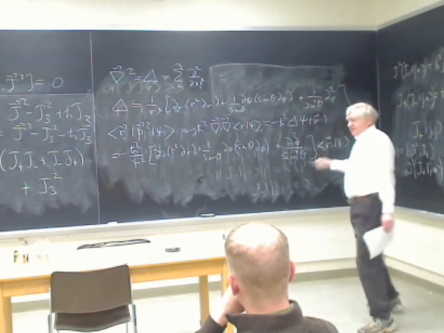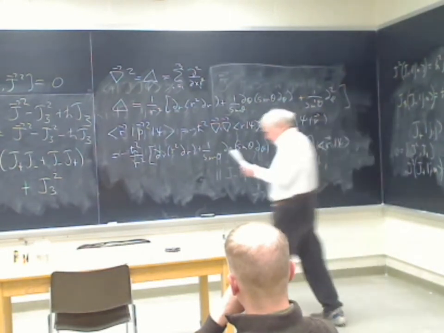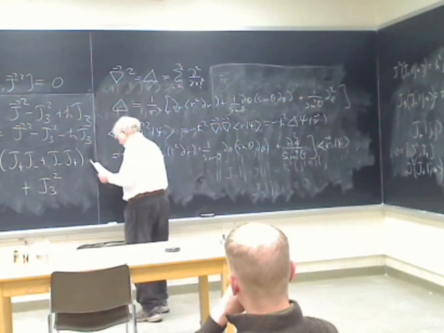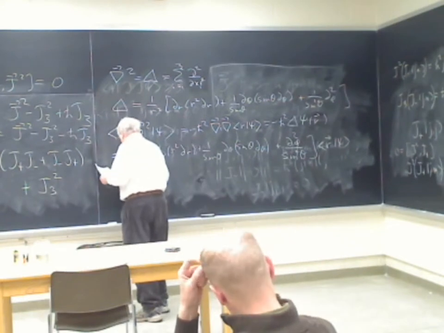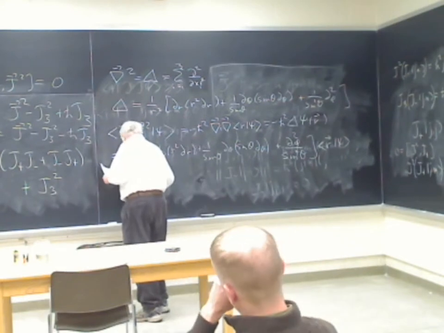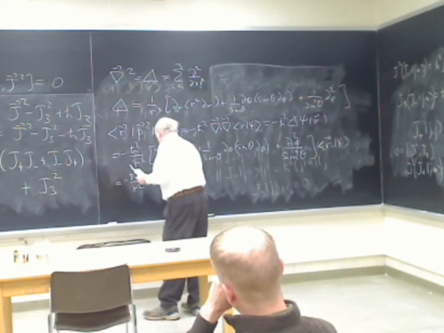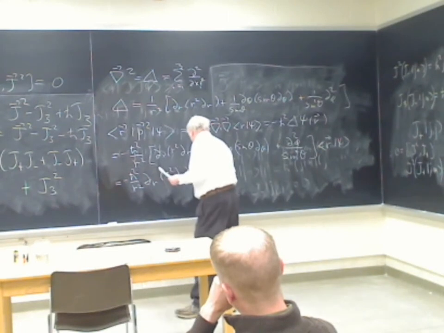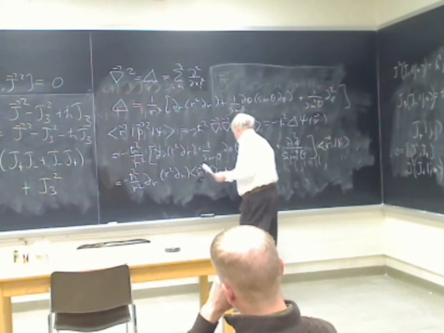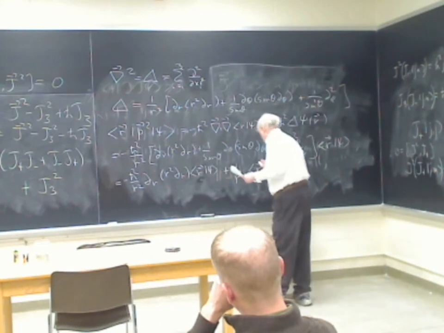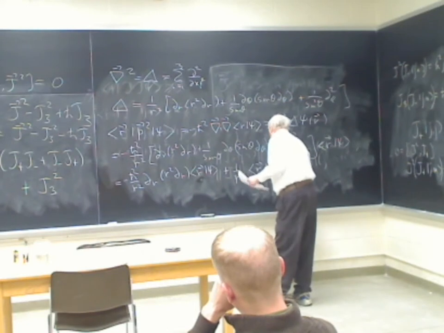Now, if you compare this with what we've got over there, you can see that this is equal to minus h bar squared over r squared, d by dr of r squared d by dr of r psi, plus 1 over r squared times r L squared psi.